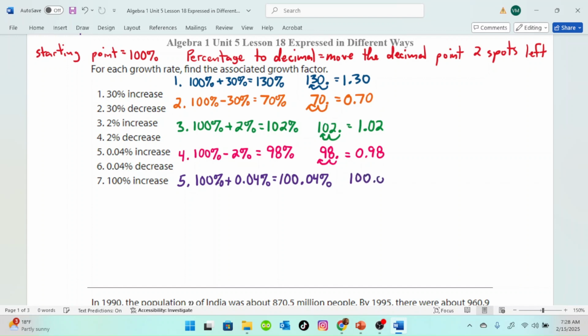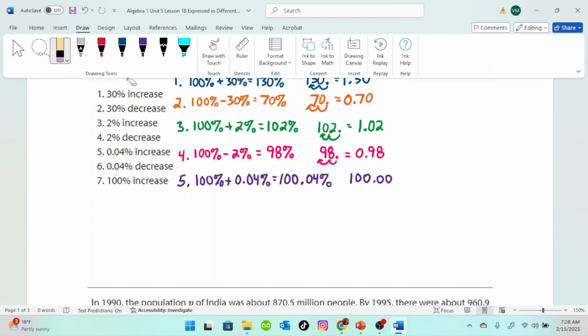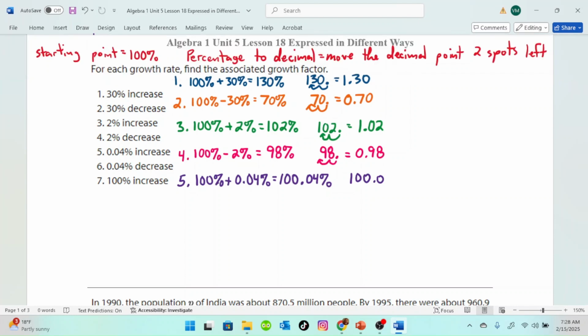We're going to take that decimal and we're going to move it 2 spots to the left. So our growth factor is going to be 1.0004.